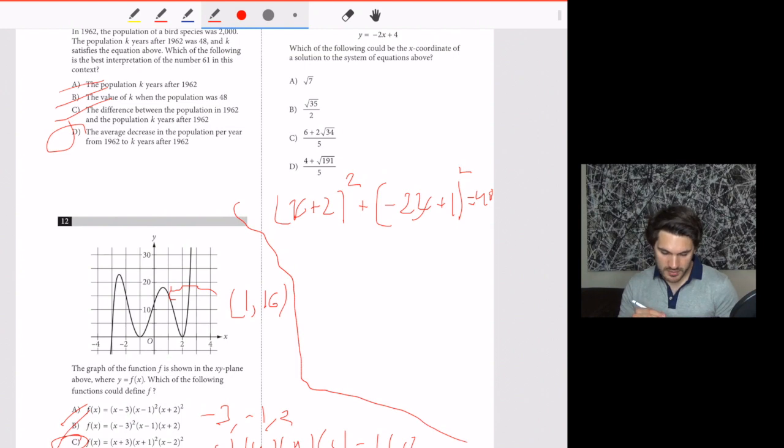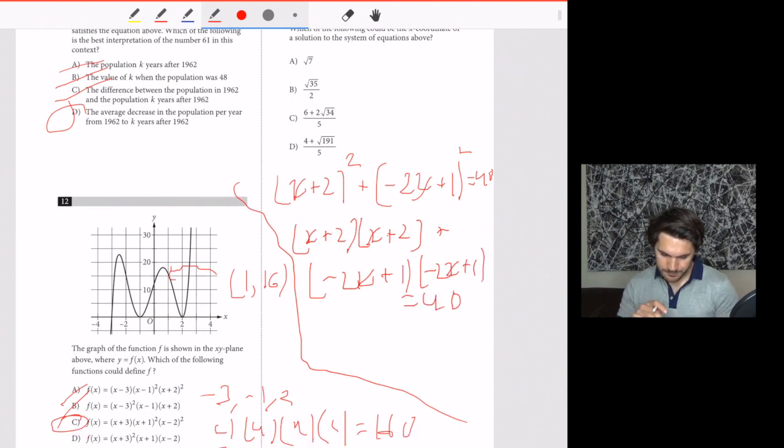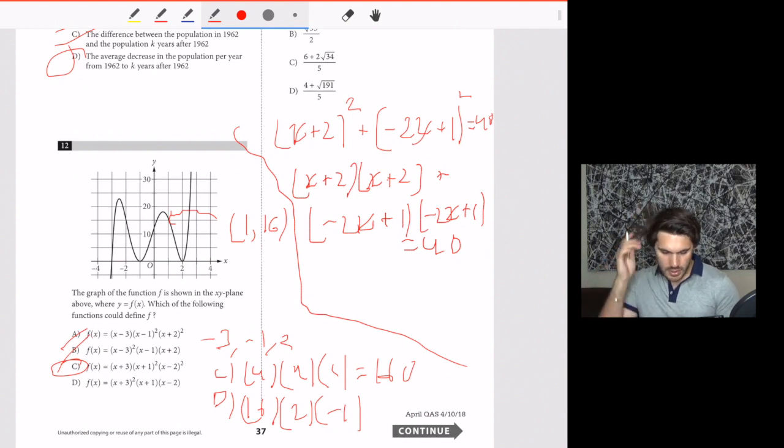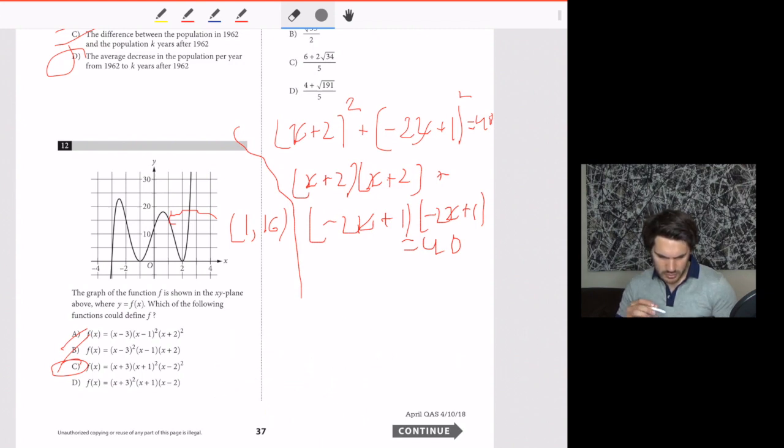So x plus 2 squared is x plus 2 times x plus 2, plus negative 2x plus 1 times negative 2x plus 1. And this all has to equal 40. So, let me erase some of the stuff on the bottom, because otherwise it'll be too difficult for us to follow this along.